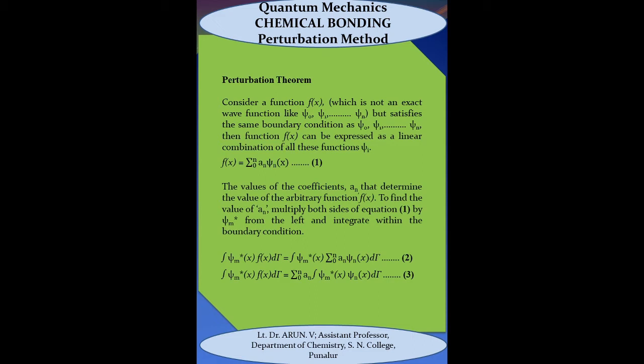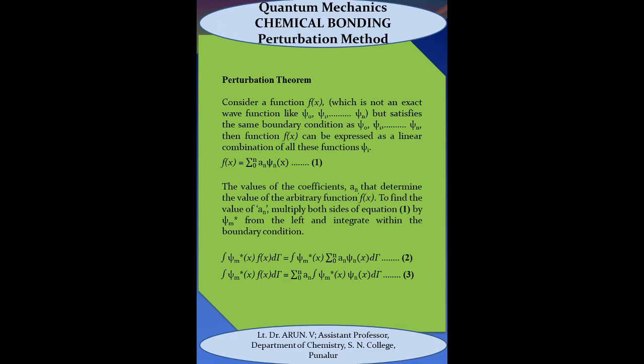The values of the coefficient a_n determine the value of the arbitrary function f(x). To find out the value of a_n, multiply both sides of equation 1 by psi m star from the left and integrate within the boundary condition.